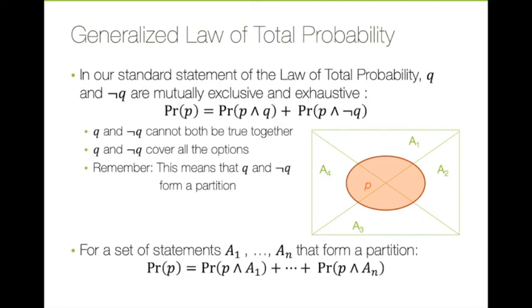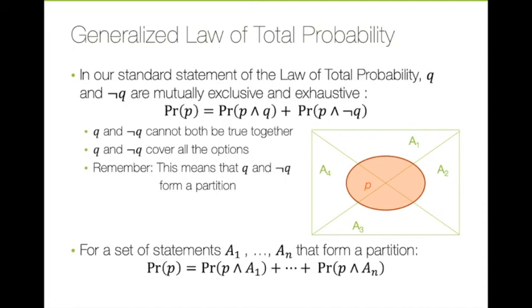If we have a set of sentences that form a partition, if they're mutually exclusive and exhaustive of all the possibilities, we can give the probability of P as the sum of the probabilities of the conjunction of P and then each of the statements in the partition.